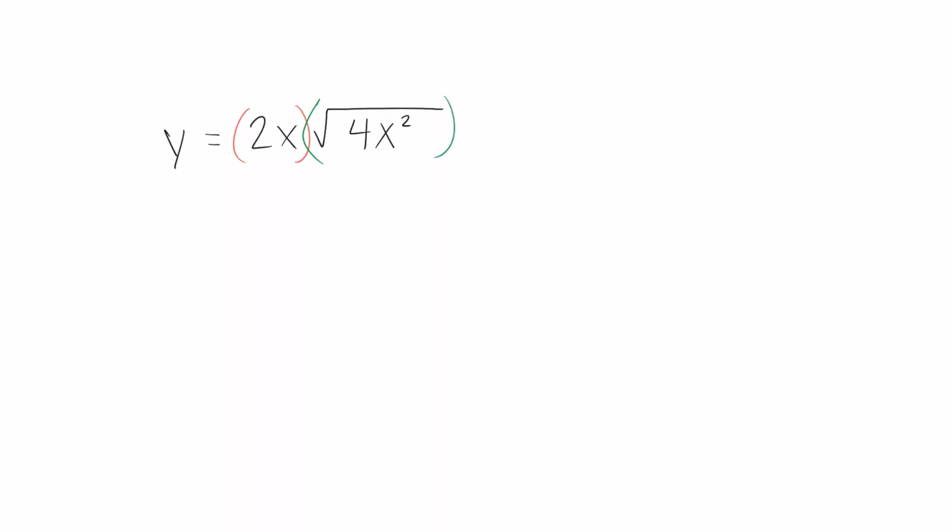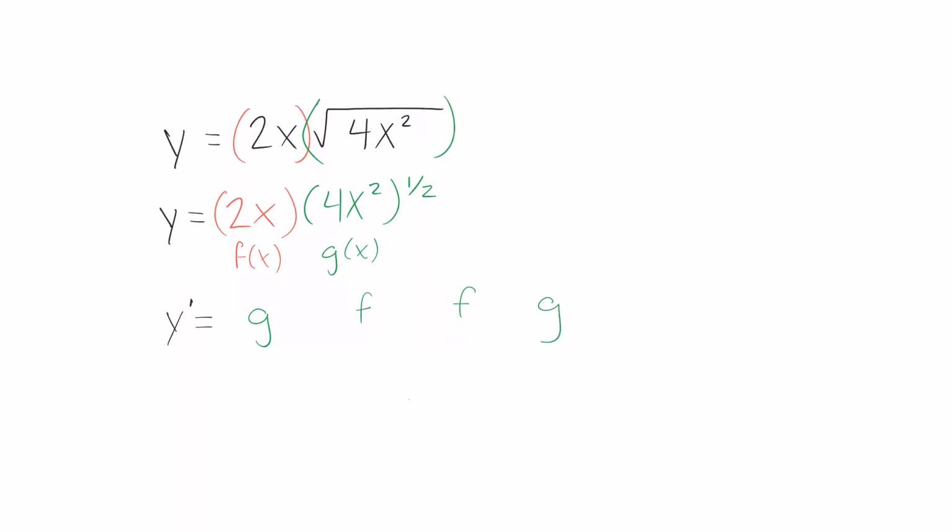So if we rewrite that, we now know that the square root of 4x squared is actually 4x squared to the half. So red is going to be our f of x, and green is going to be our g of x. So y prime, we're going to go g, f prime, f, g prime again.